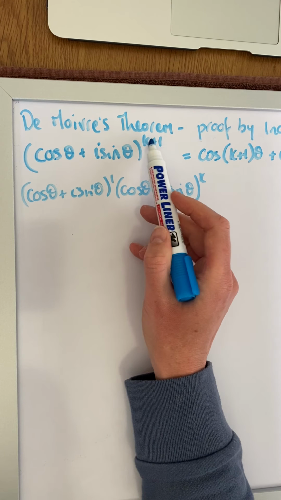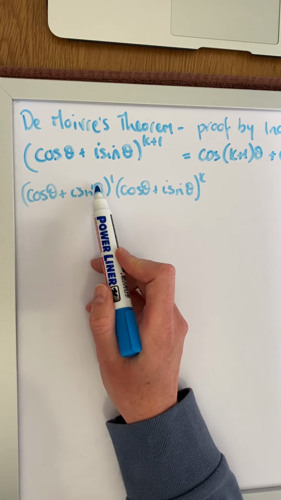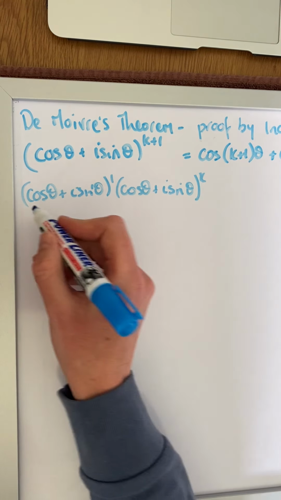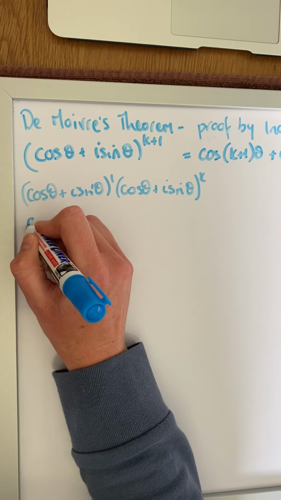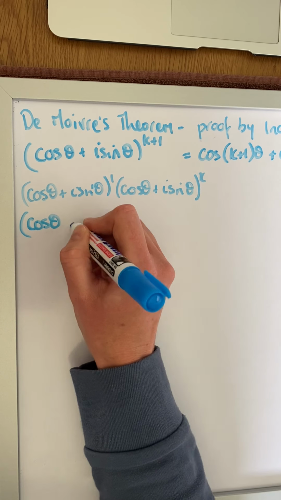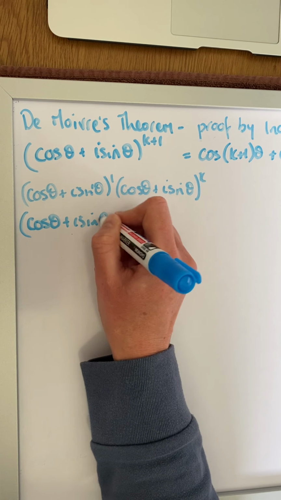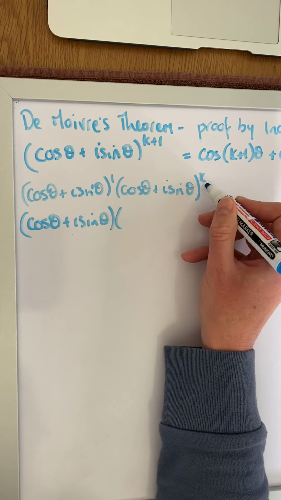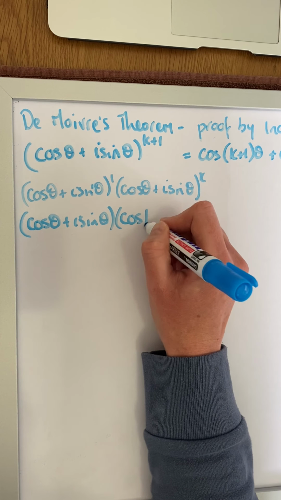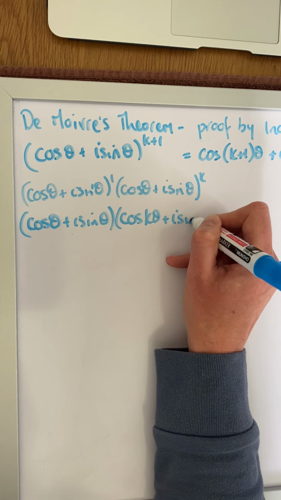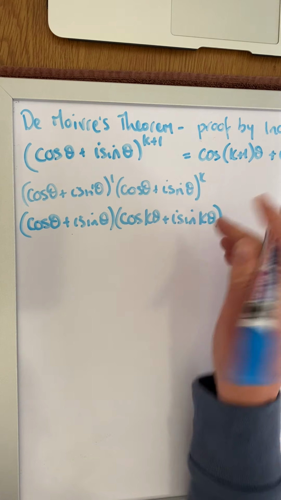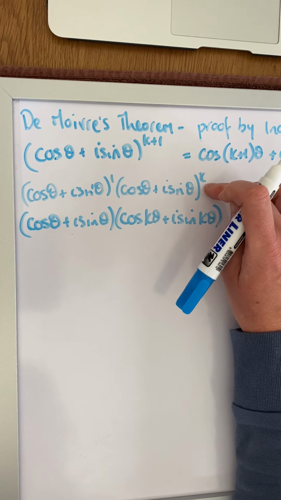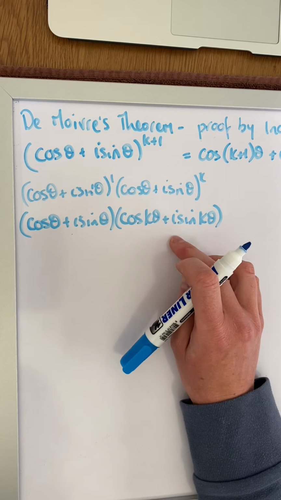So we're splitting our k plus 1 index into 1 and k. This part we've looked at in step 1, that is simply cos theta plus i sine theta. This we have assumed to be cos k theta plus i sine k theta from step 2. So from step 2, we've assumed that this is equal to this.